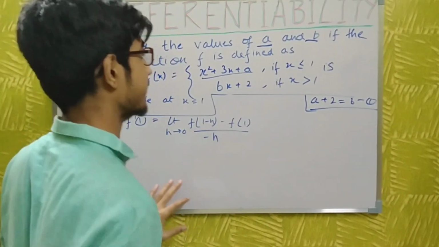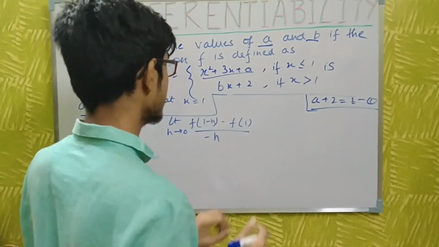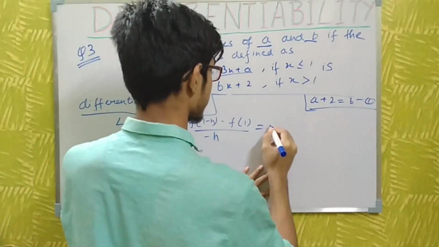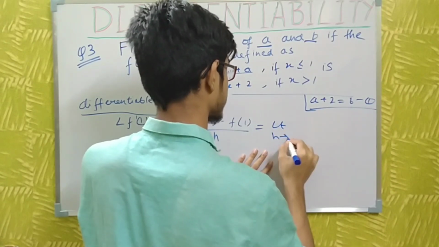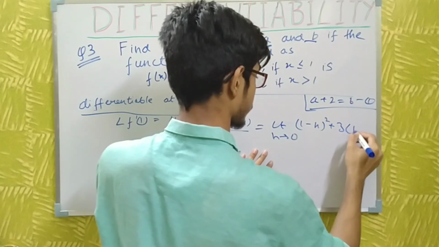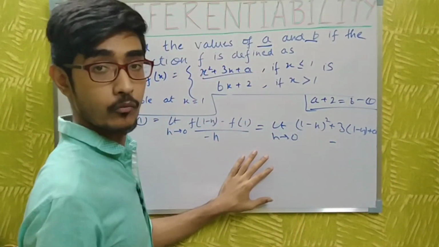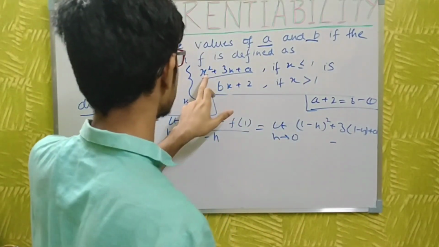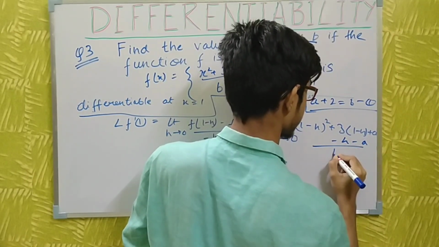So 1 minus h will obviously be less than 1, so at the place of x I am going to put the value 1 minus h, which is the limit h tends to 0 of 1 minus h whole square plus 3 into 1 minus h plus a, minus f of 1. Since f of 1 is 1 plus 3 plus a, that is minus 4 minus a, by minus h.